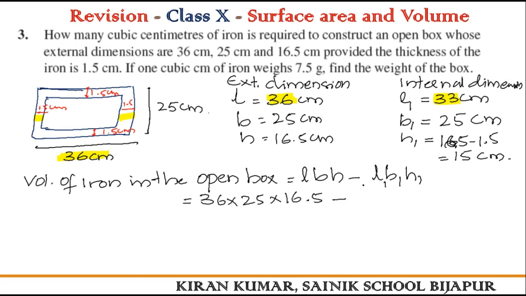We need to subtract 33 into 25 into 15. On simplification, we get the volume to be 3960 centimeter cube. This is the volume of the iron.